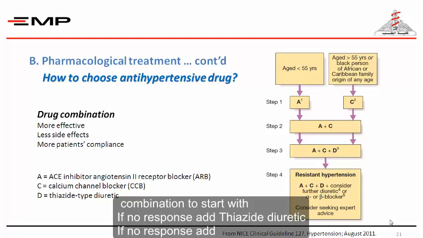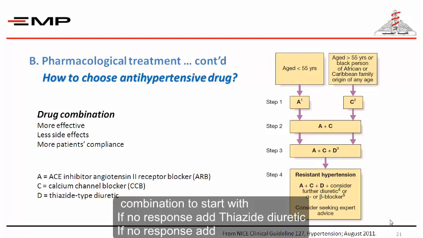Then, if not effective, we will go to step 2. We will combine ACE inhibitors with calcium channel blockers. If still not effective, we will go for step 3. We will add thiazide-type diuretics. If still not effective and the blood pressure is still above the target, as we said before, this is called resistant hypertension.